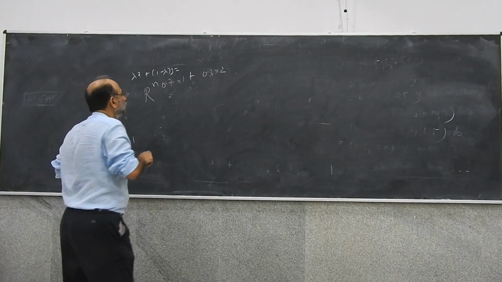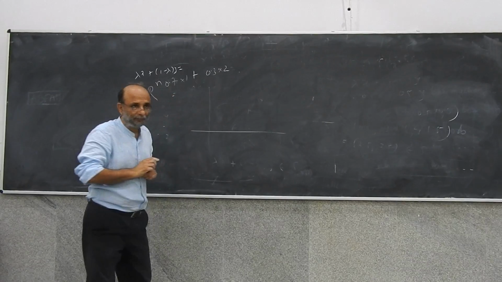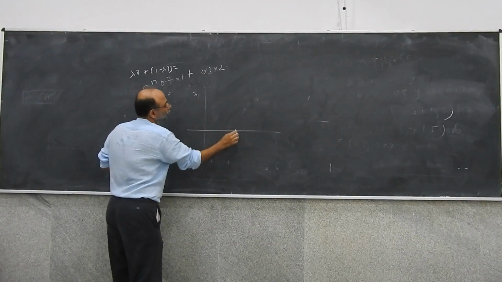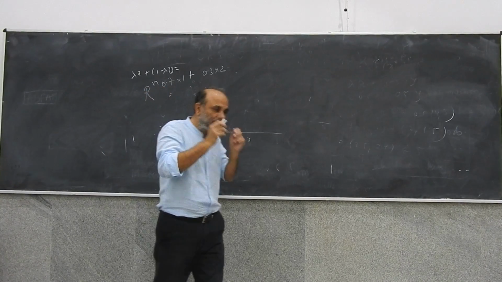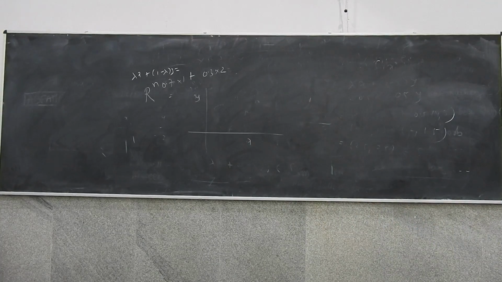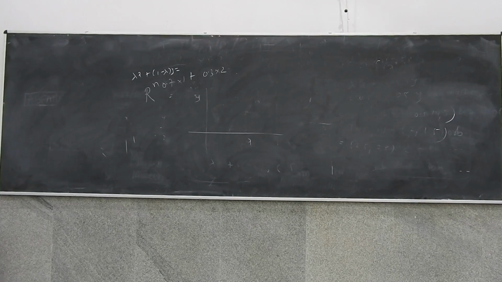Now tell me, guys, suppose you have a function. Suppose there are two commodities that you are consuming, x and y, and you get some utility from consuming these commodities.